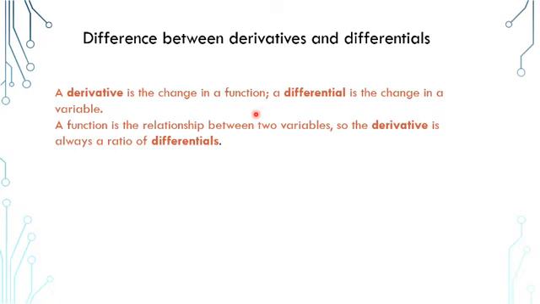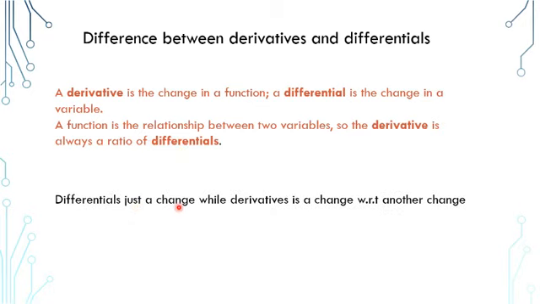A function is a relationship between two variables, so the derivative is also a ratio of differentials, dy by dx, the differential of y divided by the differential of x. Or in other words, differential means change, while derivative means change with respect to another change. These are the two basic definitions or differences between derivative and differentials.